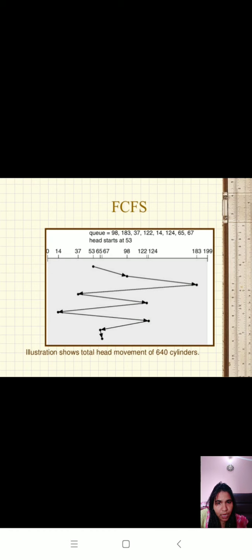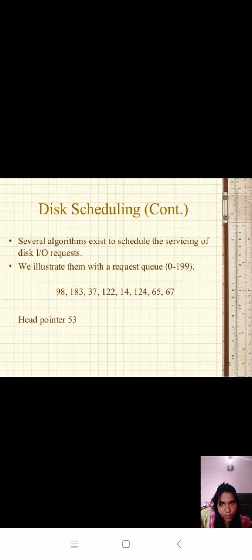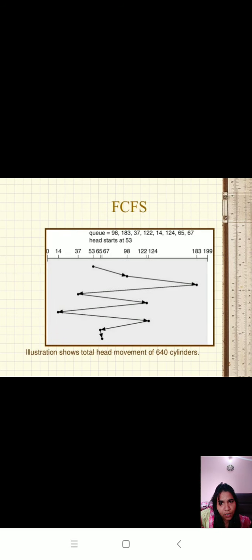Okay, first of all I would like to tell you the request queue is 0 to 199. So we can draw 0 to 199 if you want to draw one by one, and if you want to give only the numbers which are given as track numbers, then you can definitely do this. So our read write pointer is at 53, then 98 is coming first, so our pointer goes to 98.